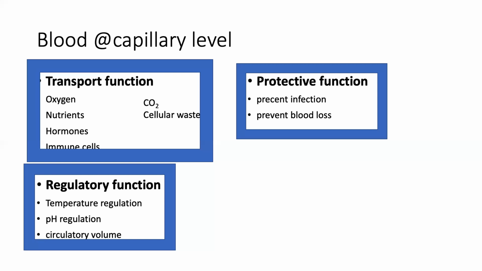With regards to the control of circulatory volume, the blood contains plasma proteins which will keep the water in the circulation and maintain the circulatory volume.